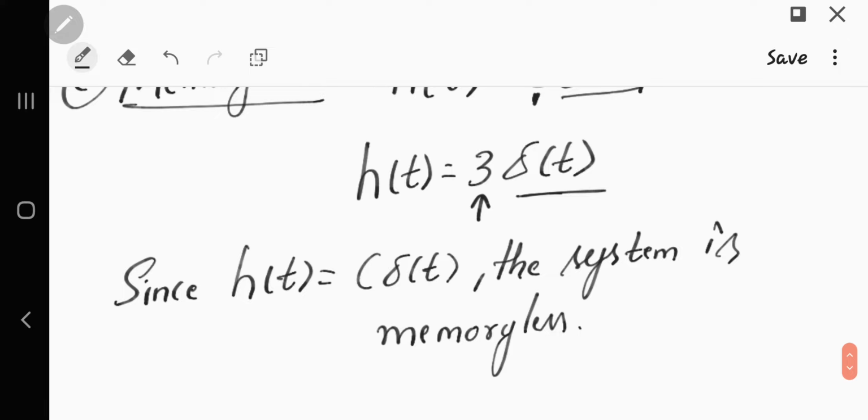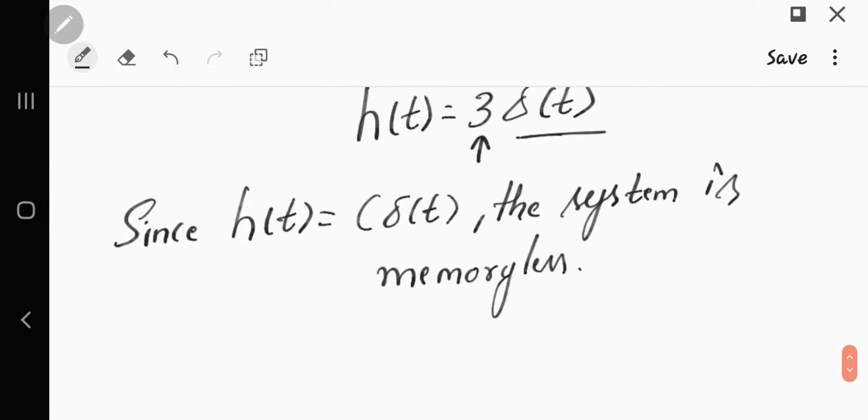This may be a little bit lengthier, but I hope you have understood the method how to verify the system for the properties of LTI systems. Okay, and I will give you some examples for you to try and apply this methods and verify the following properties.